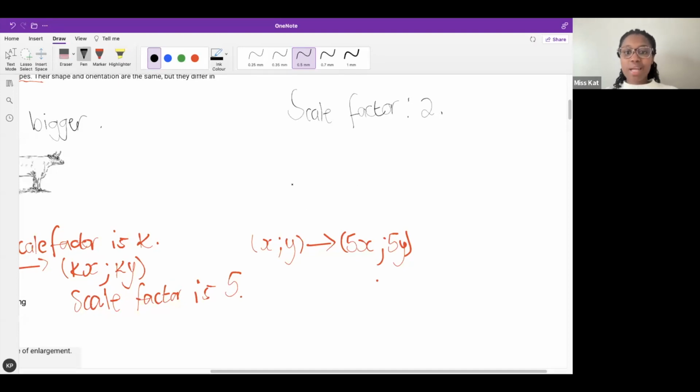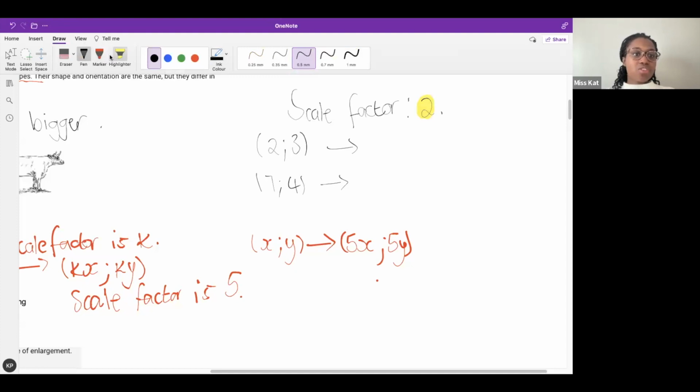I have doubled the size of my shape. So if my original coordinates of my shape were, let's say coordinate number 1 was 2, 3, and this one was 7, 4, then my new coordinates, you have to multiply this 2 with every single coordinate.